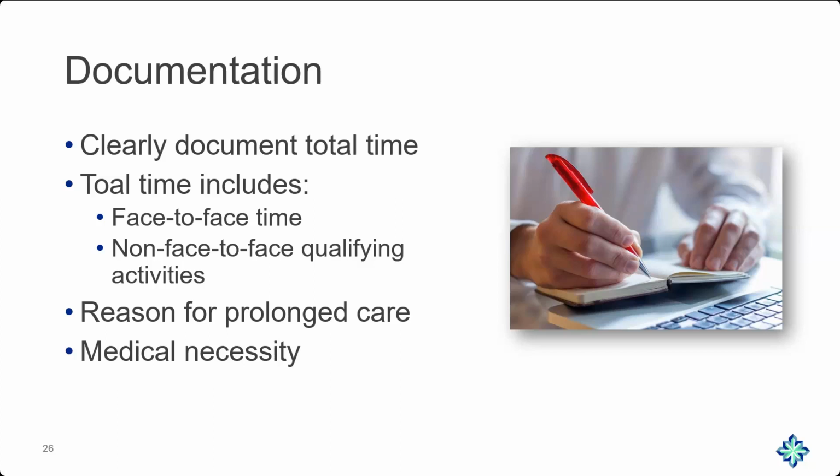It also needs to support the medical necessity. We talked about this at the beginning of today's session, and that medical necessity piece is the first determining factor in whether or not a service is going to be covered. So again, why are the services medically necessary for that patient in that encounter?